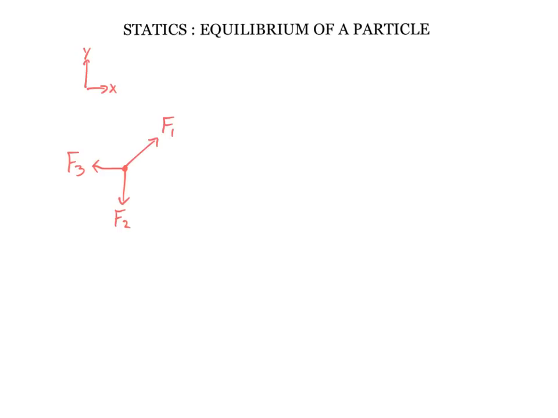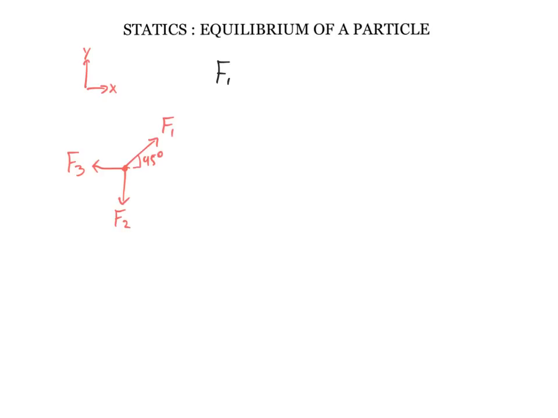To do so, we need to know the contribution of each force in these two directions like we discussed before. So the question is, how do we decompose these forces? And now let's assume that we have a force F1 at an angle of 45 degrees. How do we know the contribution of F1 in x direction and the contribution of F1 to the y direction?